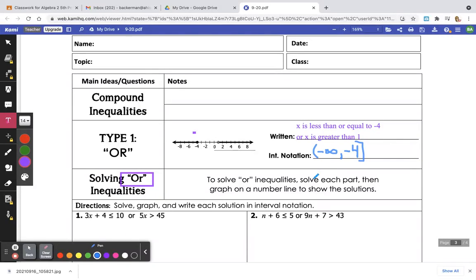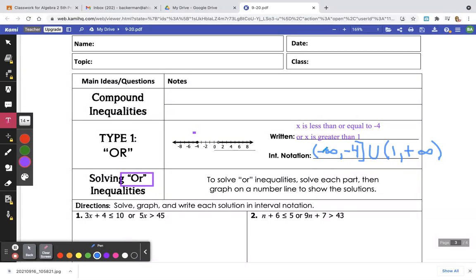And then our or sign in math is a U. Okay, it stands for union, but it is our or symbol. And then we're going to start with the next piece. So my stopping point here was 1. It is not included, so it's a parenthesis, comma, positive infinity. And again, infinity is not included, so that's also a parenthesis.